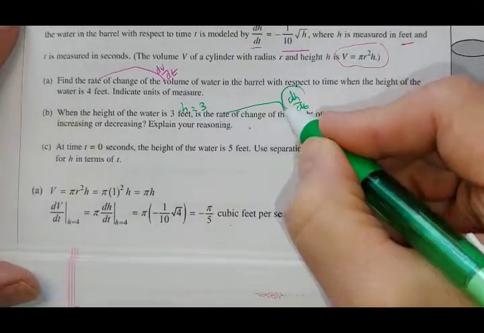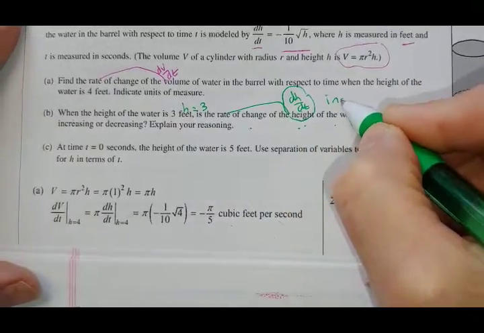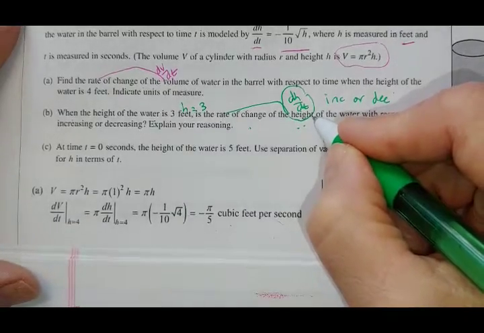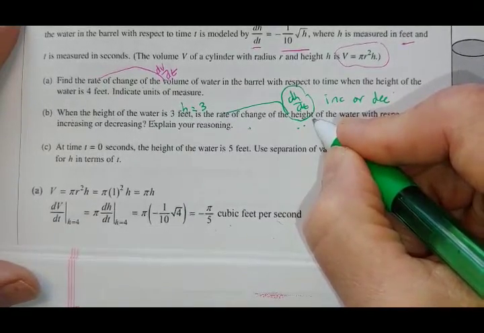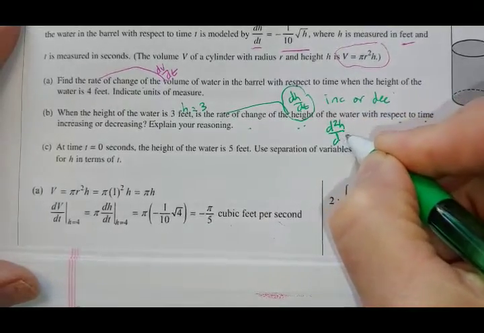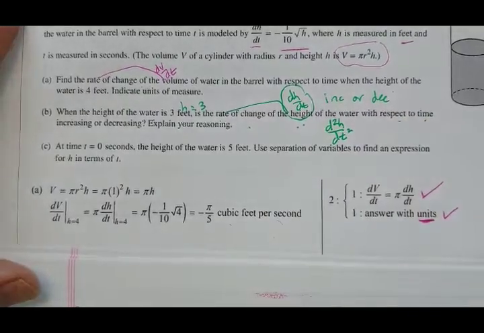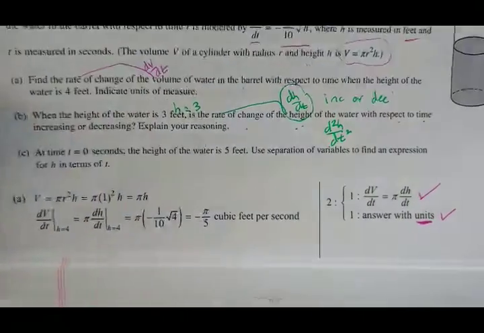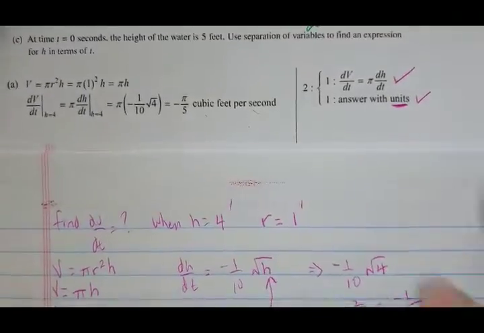So we want to know if dh/dt is increasing or decreasing. We're going to need the derivative of dh/dt, which would be d squared h over dt squared. So that basically just means we're going to find the derivative of our model.